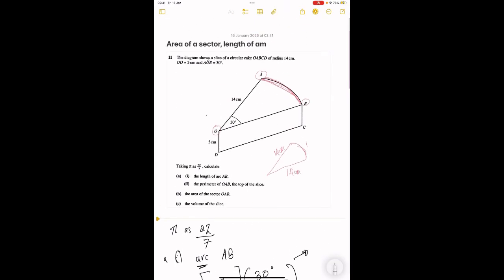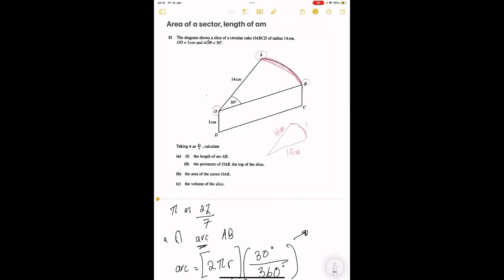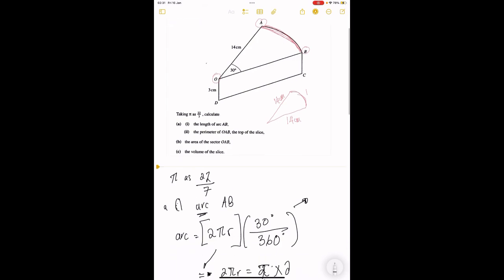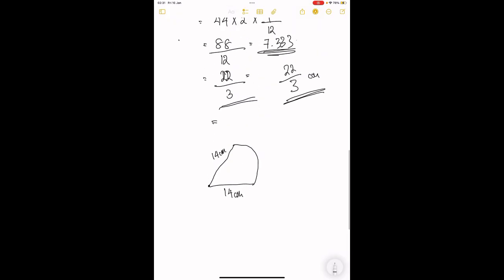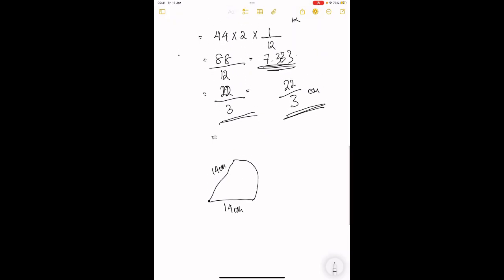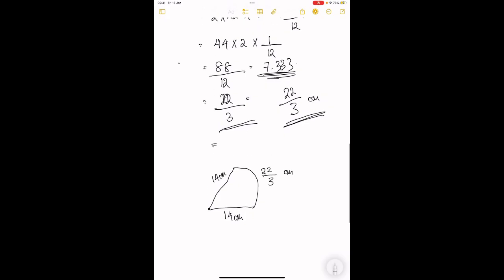And then we have the perimeter of the top slice. The perimeter of the top slice is given by our sector of 14 centimeters and 14 centimeters, and then 22 over 3 centimeters.